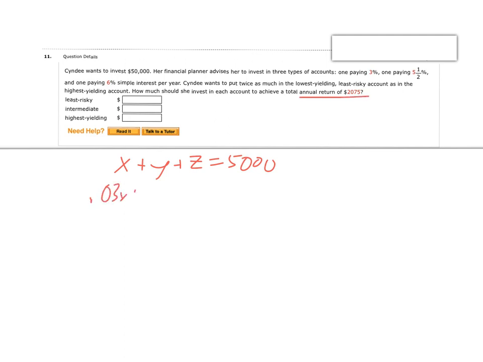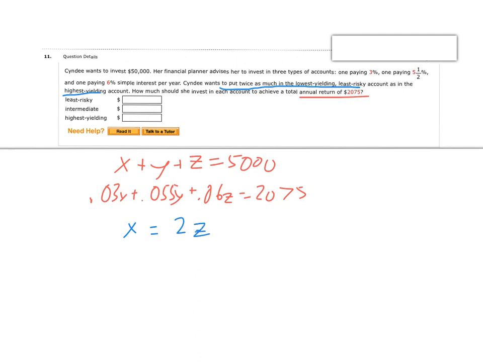So 0.03x plus 0.055y plus 0.06z equals 2075. And then my last one here, I should have a comparison one. Yes, twice as much in the lowest yielding as in the highest yielding. So that means that x equals 2z because we have twice as much in the x account.